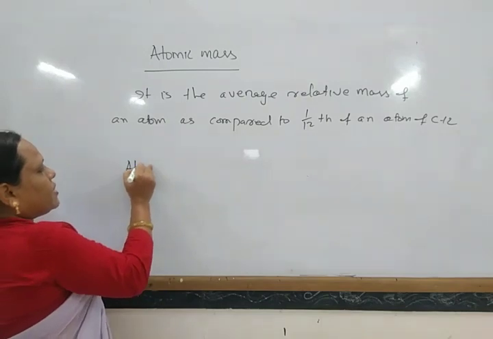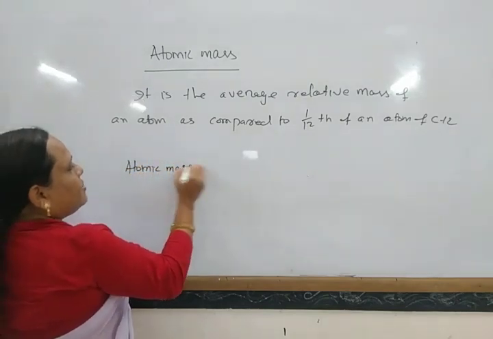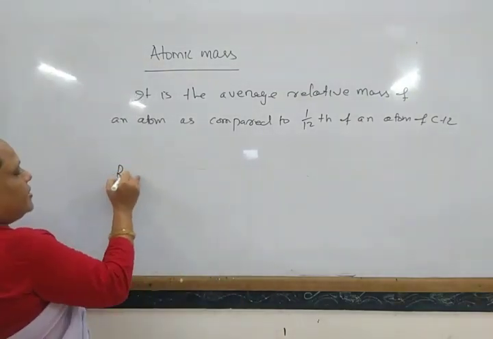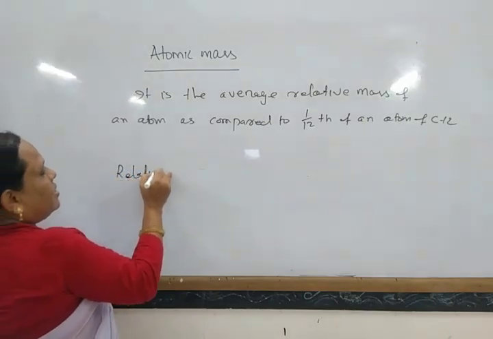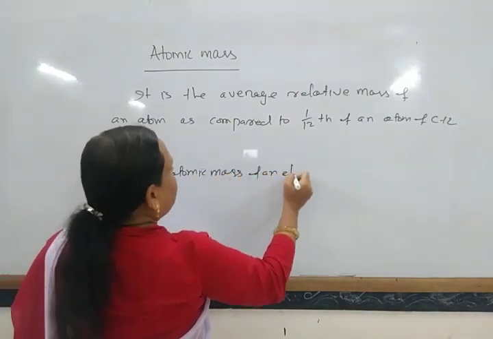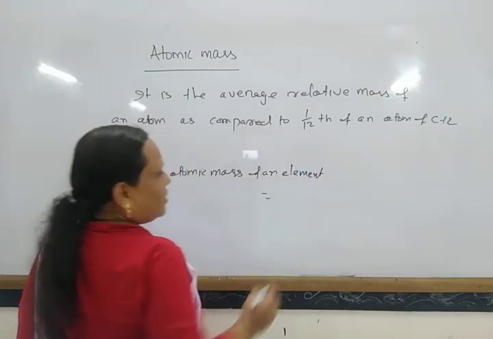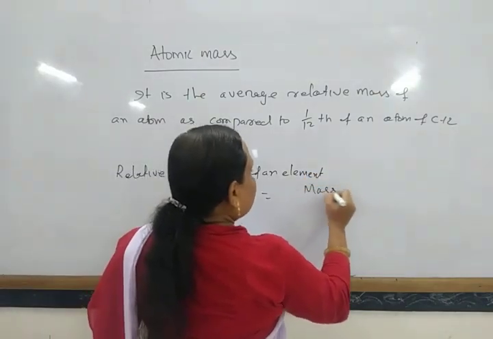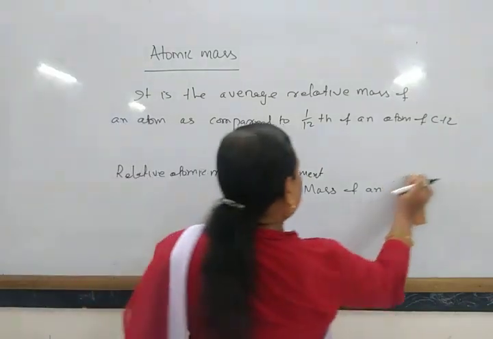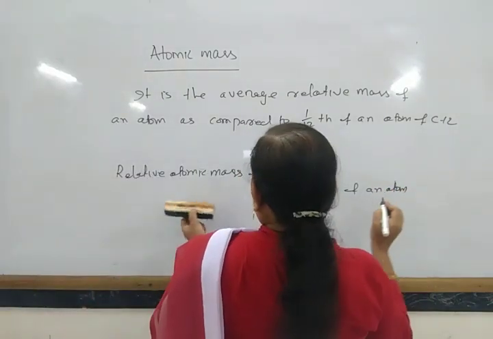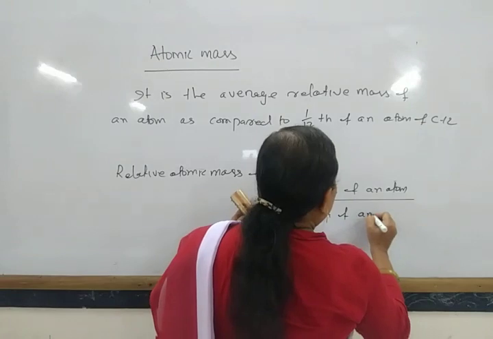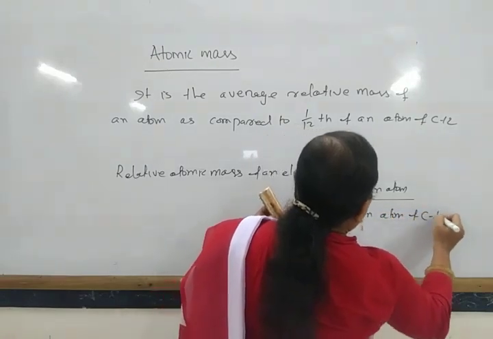That means the relative atomic mass of an element is equal to the mass of an atom divided by 1/12 of an atom of carbon 12.